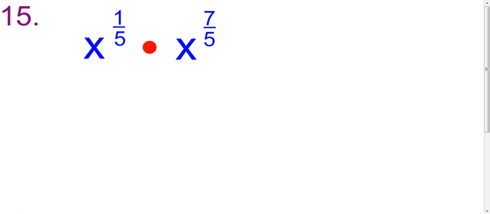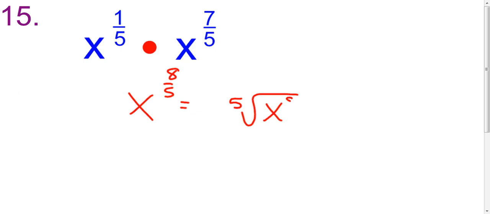A couple more here. Again, I see 2 bases here, and when you see 2 bases, you need to add your exponents. And so I will add 1/5 and 7/5 to make this x to the 8/5, which is really the 5th root of x to the 8th, which you can simplify a little bit.